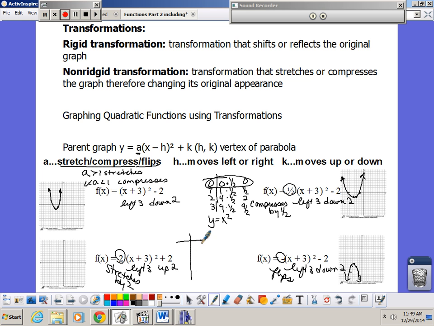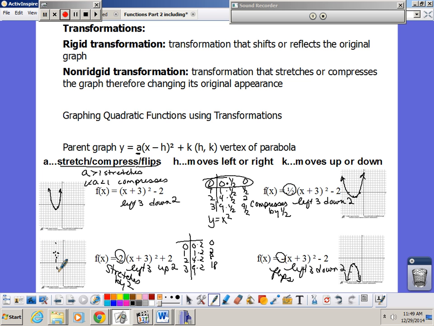The next one, 0, 0, 1, 1, 2, 4, 3, 9, we're going to multiply each of these by 2. So 0, 2, 8, 18. So I'm going to move left 3, and this one's up 2, a little different than the rest of them. And then I move right 1 and up 2, and left 1 and up 2.